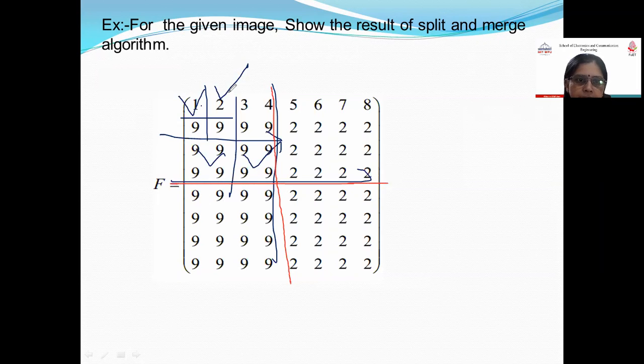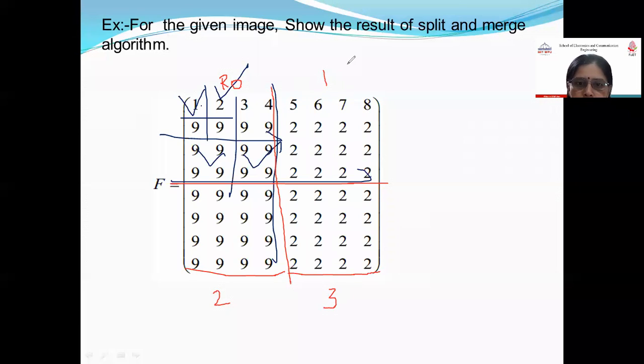Then we check individual regions. This is R1, this is R2 and R3. Now if we check for R2, all the pixels are having same value, so difference is 0, so we need not split it further. Same is true for region 3.